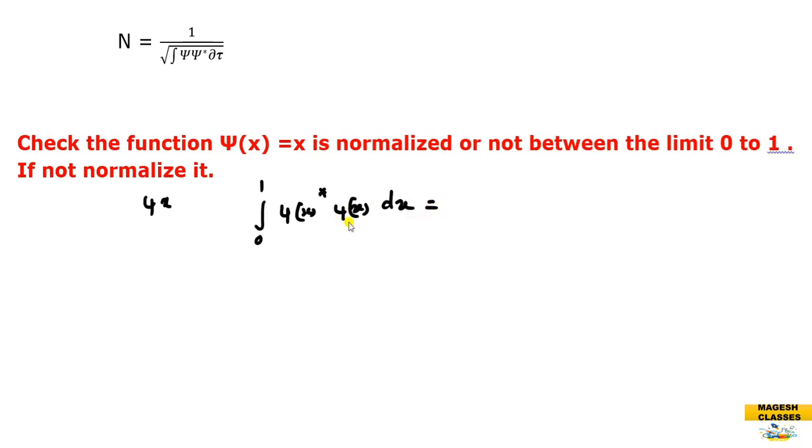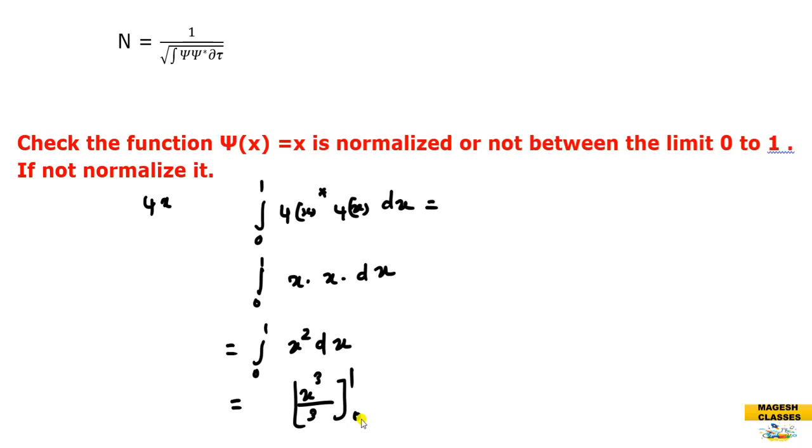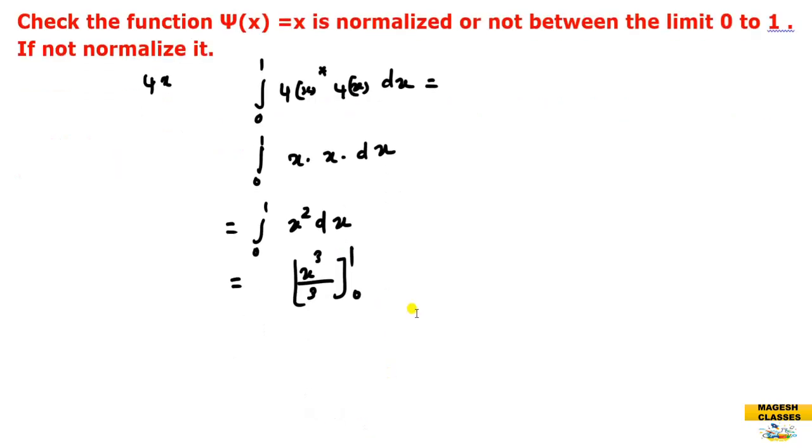Now you find the value of this. So this is equal to the integral from 0 to 1 of x into x dx, which is x squared dx, and this is equal to x cubed by 3, with limits 1 and 0.